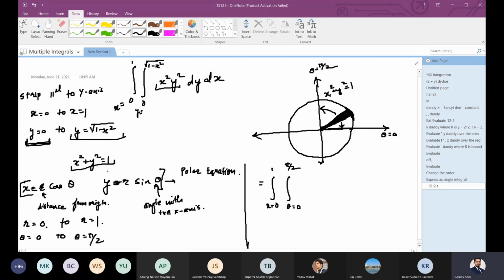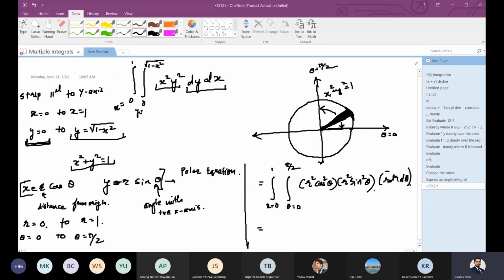What we substituted, x is r cos theta, so x square will be r square cos square theta. The value of y square is r square sin square theta. For the time being, just assume that dy dx is replaced by r dr d theta. Later I'll tell you why this is so.